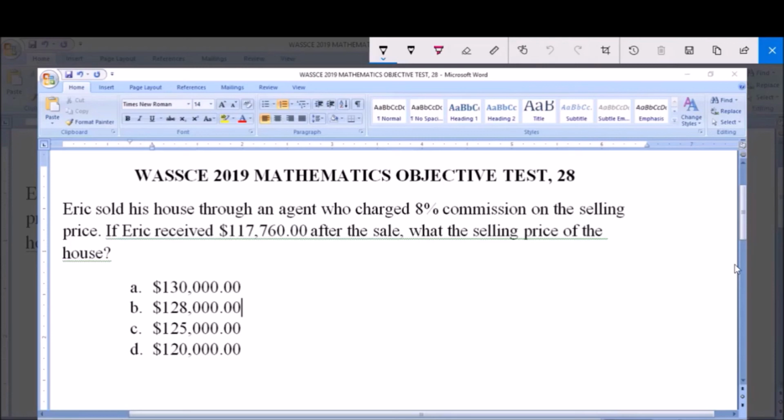Now, he sold his house through an agent who charged 8% commission. How much was the house sold if he was given $117,760?